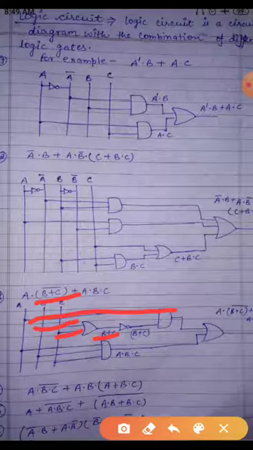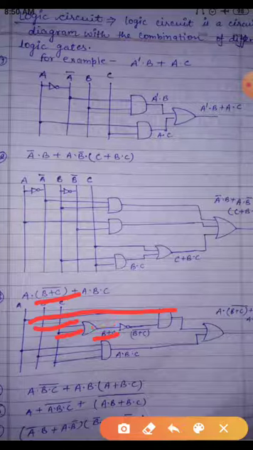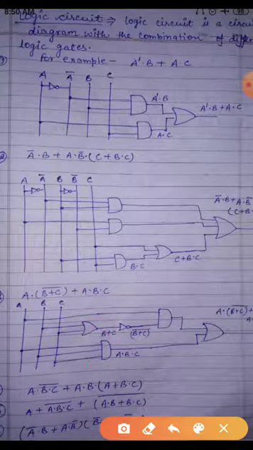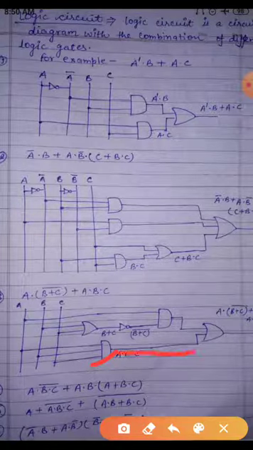Then the whole bar is given, so when you connect B plus C with the NOT gate, it becomes B plus C whole bar. Here is a dot, so you connect with the AND gate. Now A dot B dot C: dot is here, so you use the AND gate. This output you attach with the OR gate because plus is here. Then write the final output.